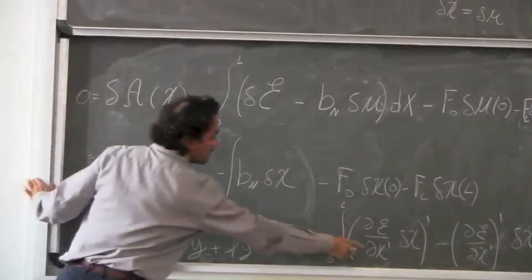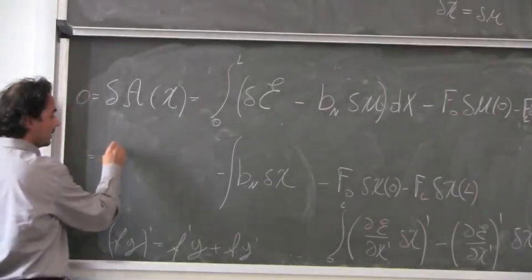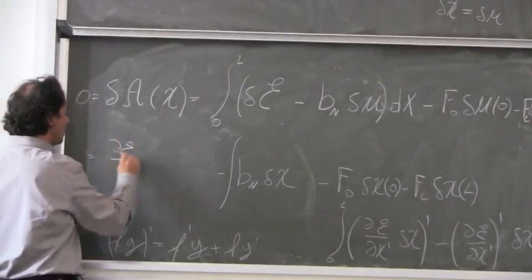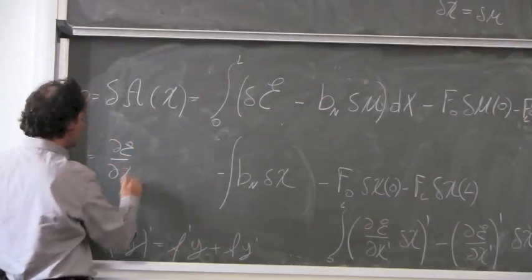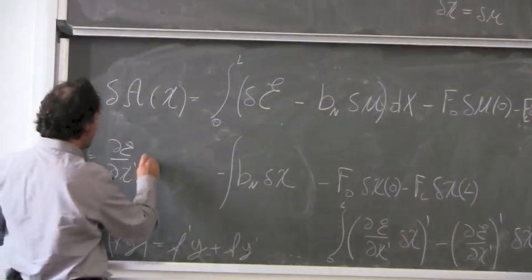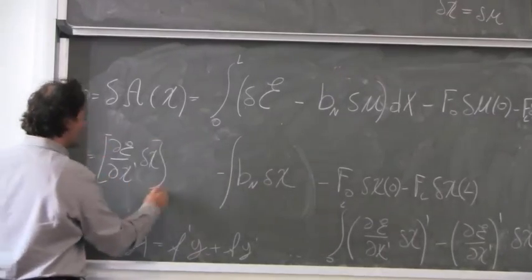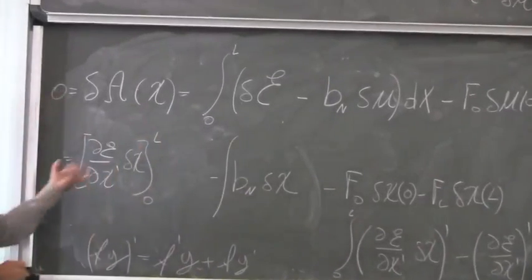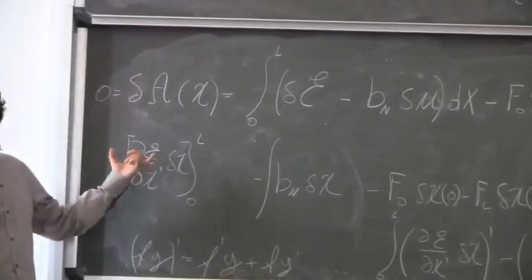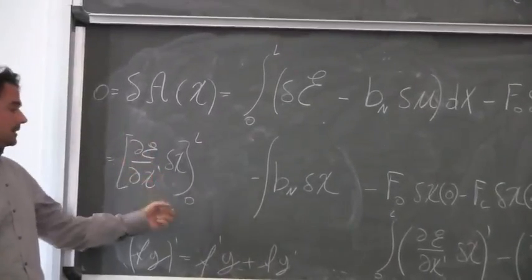So instead of this part, we can say that we have the derivative of E with respect to t prime times delta t evaluated between 0 and L. That means we evaluate this at L minus this at 0.